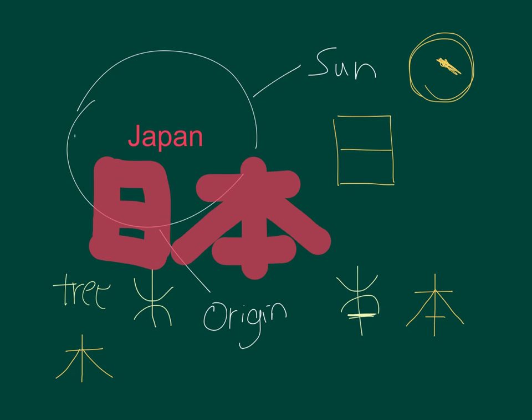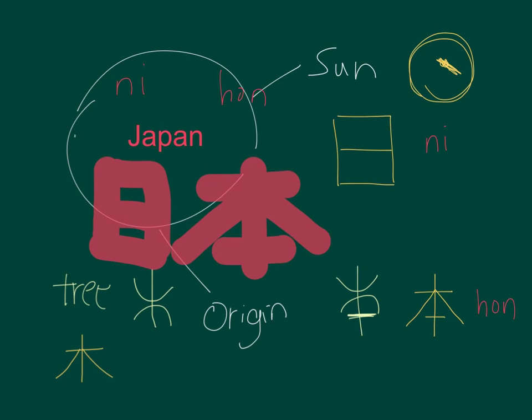And this is Japan. So how do you pronounce that then? Well, simple. You simply have to learn that sun is pronounced ni, and origin is pronounced hon. So put the two together, Japan is nihon. Nihon.